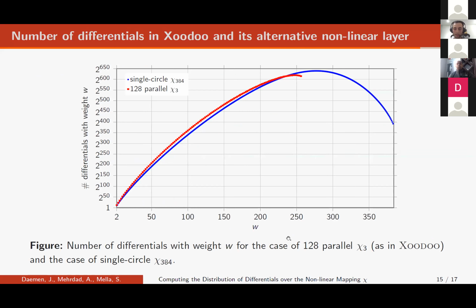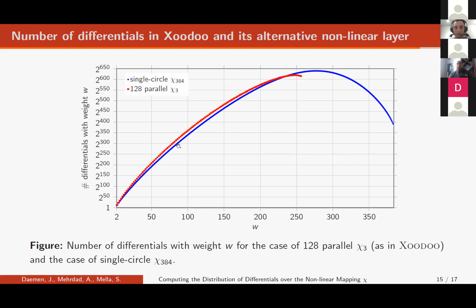And we also have a comparison with Xoodoo. In Xoodoo, we have 128 parallel G3. But what happens if we only use a single circle G that works on all state bits?